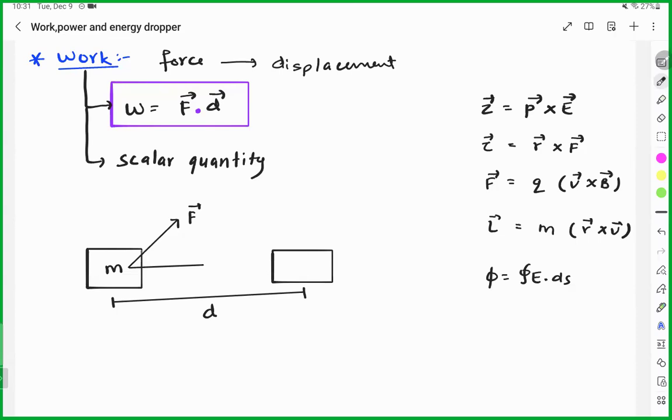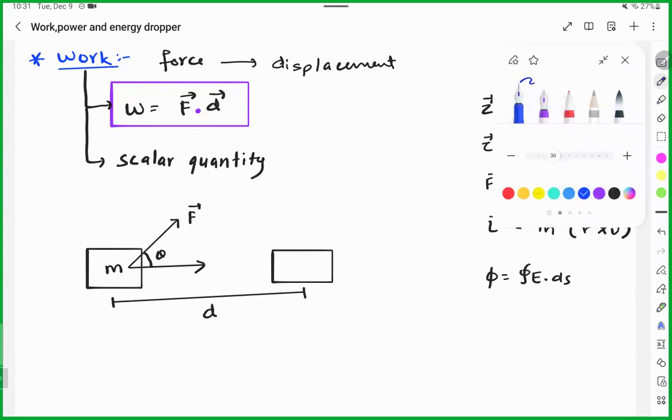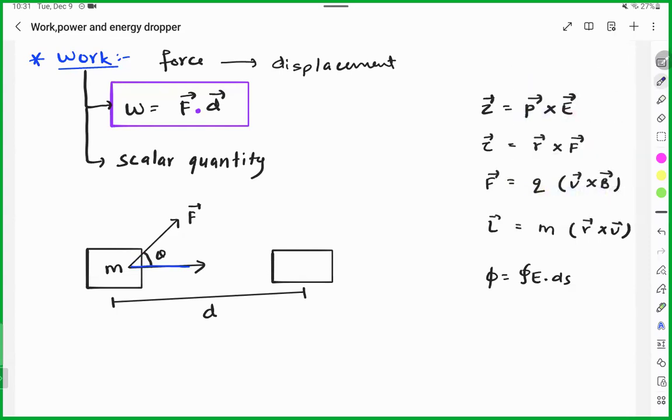Okay, so if this is theta, Sarah, what will be this factor? Cos theta or sin theta? Is this F cos theta or sin theta? Cos theta. So the side with the angle is cos theta and the opposite side will be sin theta. And if we calculate, Varinder, this, what will be this side?